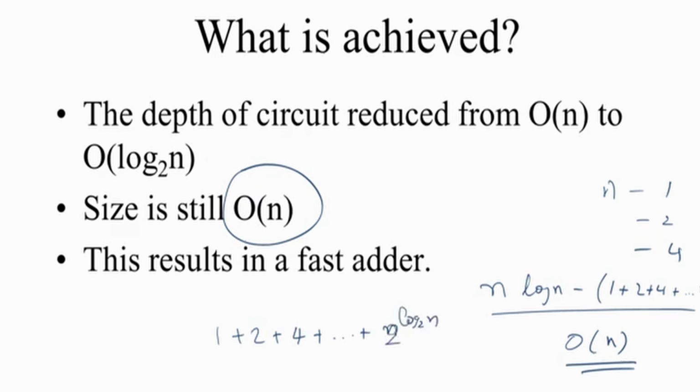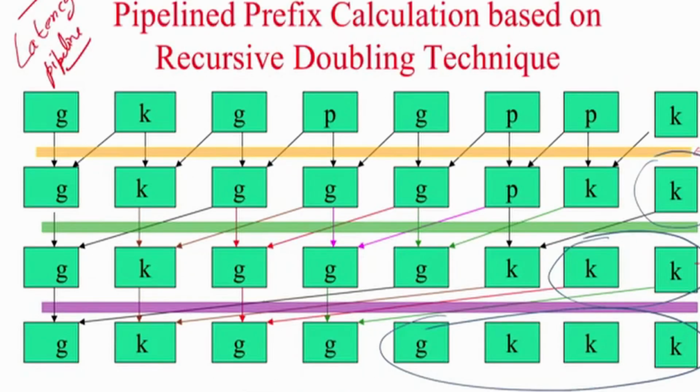So what is 1 plus 2 plus 4 plus? 2n? 2n minus 1, correct? Are you absolutely sure? Okay, so that is something that you need to be extremely careful about while designing circuits.